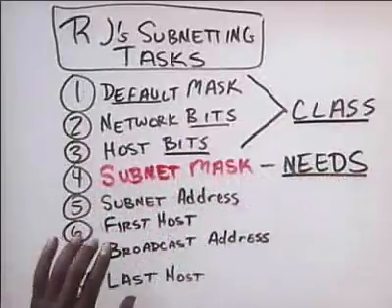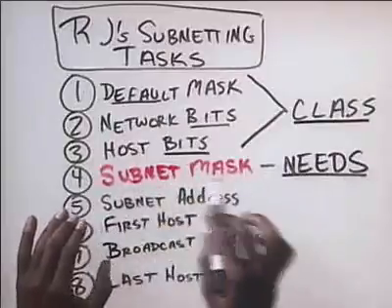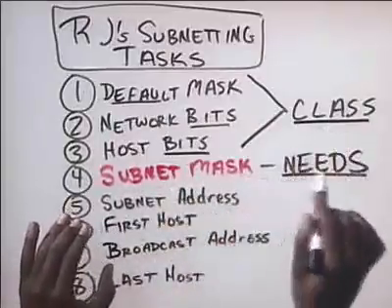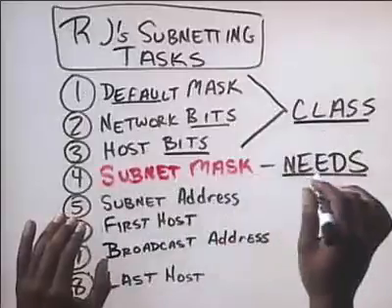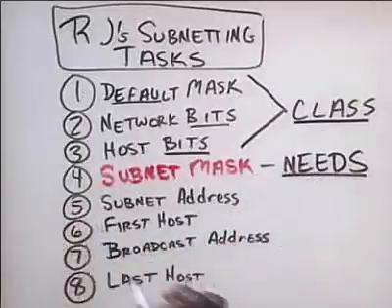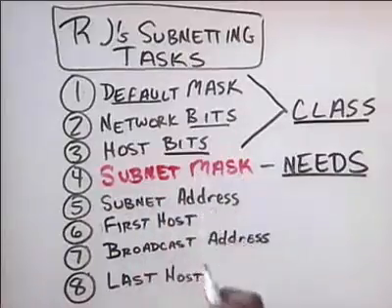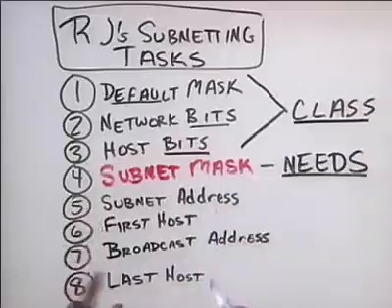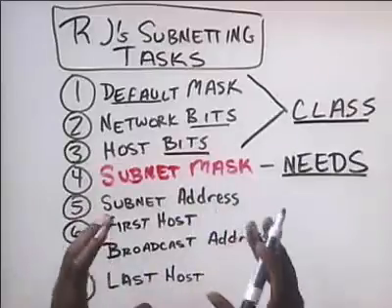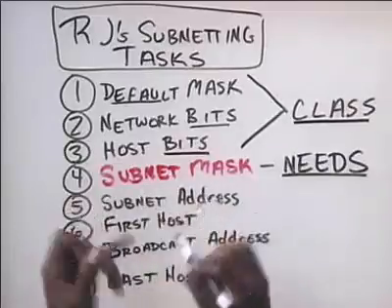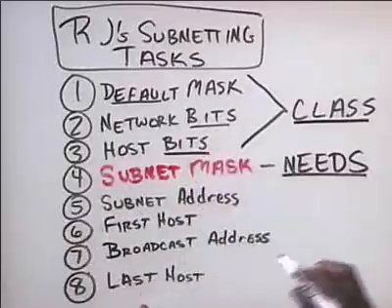Now, the fifth rule here, and by the way, we'll take a look more specifically at each one of these, particularly the subnet mask, when we get into our examples. The fifth rule here is the subnet address. Notice the subnet mask and the subnet address are two entirely different things. Oftentimes in my classes, students will refer to the subnet mask as the subnet.